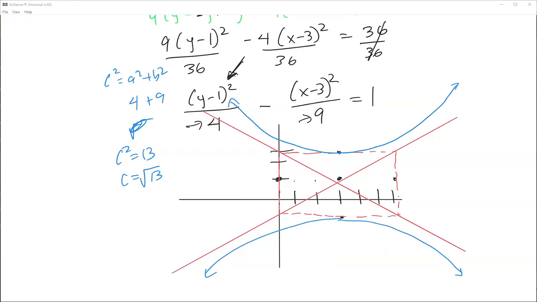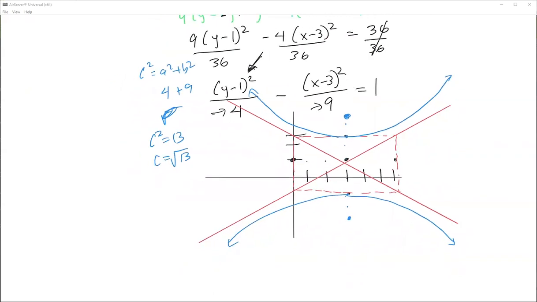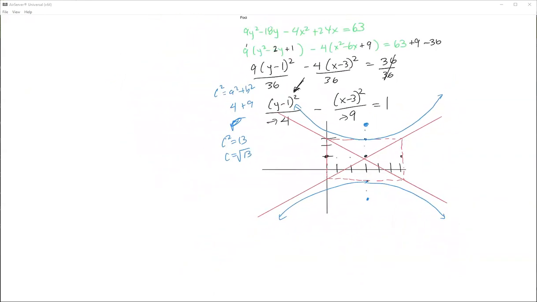3.6. So you're going to go up 1, 2, 3.6. That's the focal point. 1, 2, 3.6. Yeah. So it'll be right here. All right, so center is 3, 1.